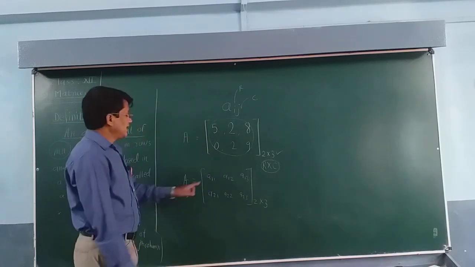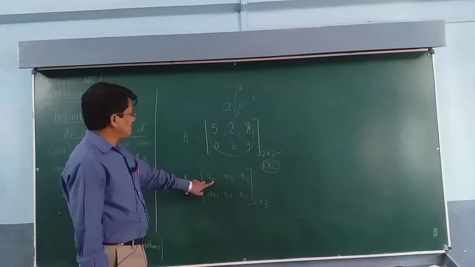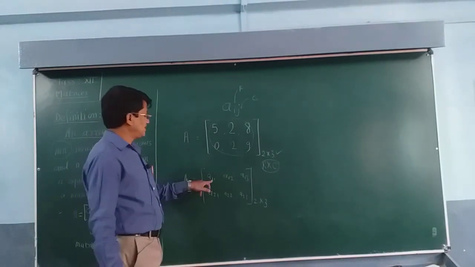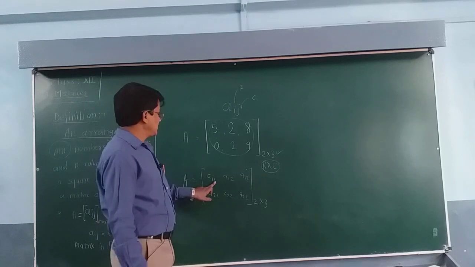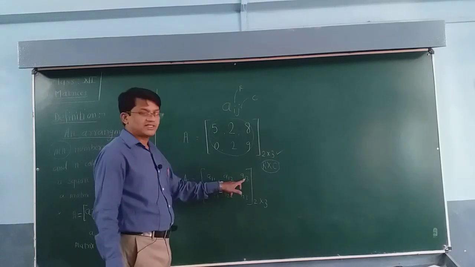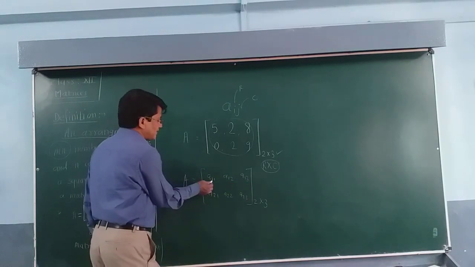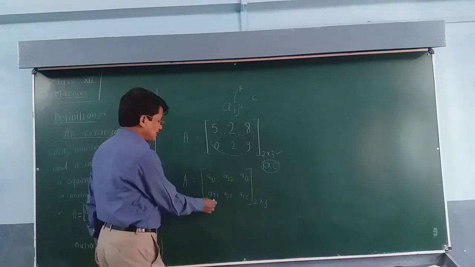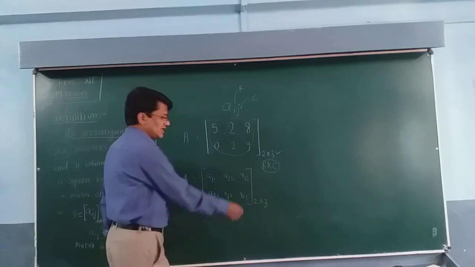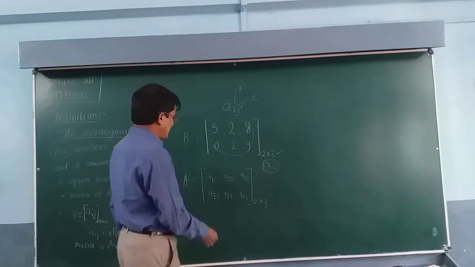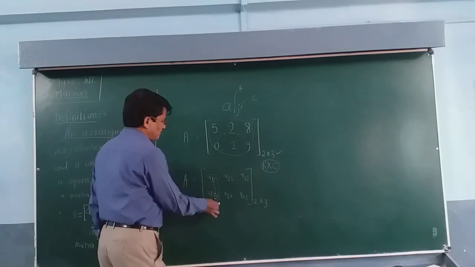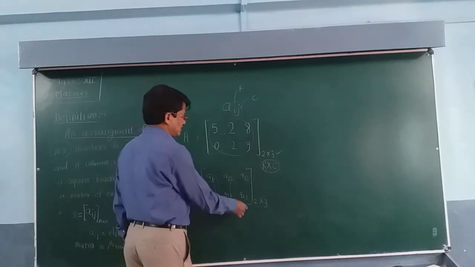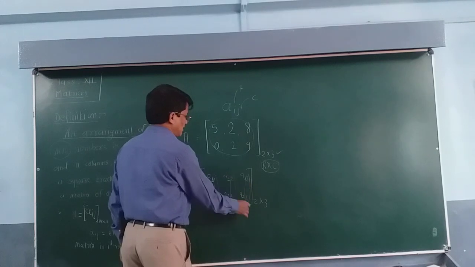Look here, A11 is not eleven, twelve, thirteen, but 1 1 means first row, first column; 1 2 means first row, second column; 1 3 means first row, third column. Look here, 1, 1, 1 represent first row. Similarly 2, 2, 2 represent second row. And now look here, 1, 1 is column number first, 2, 2 is column number 2, 3, 3 is column number 3.